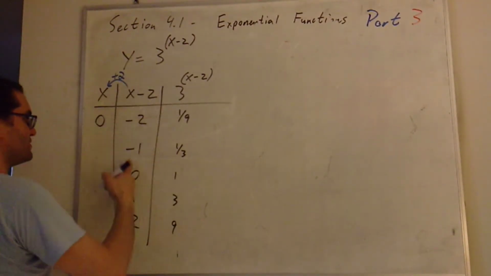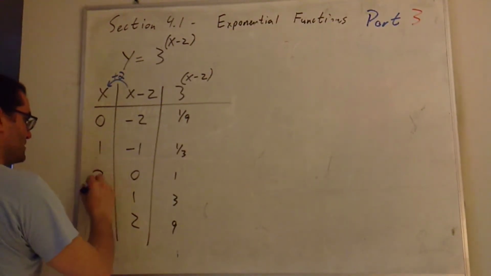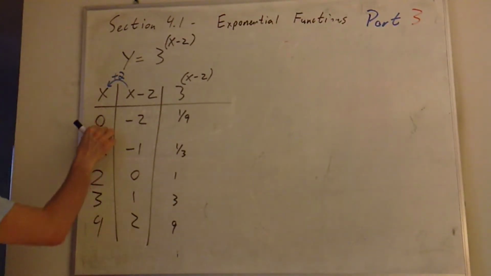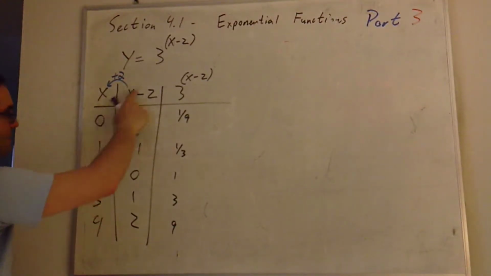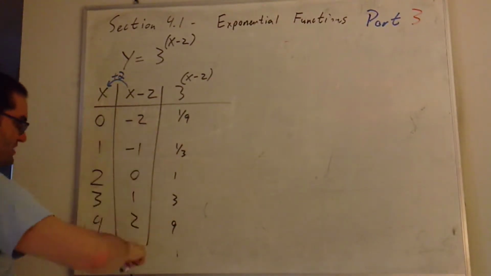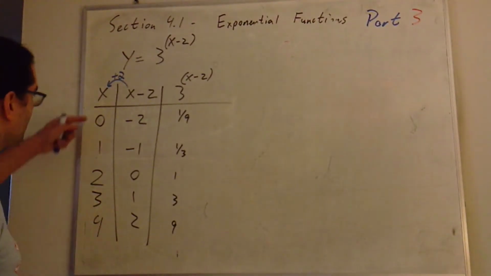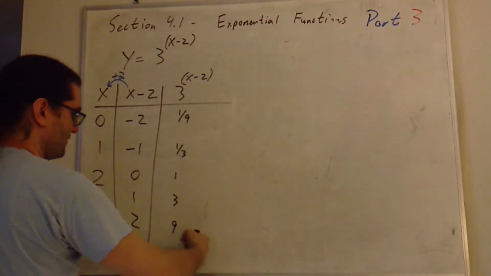If x minus 2 is negative 1, x was originally 1. This one was originally 2. This was 3. This was 4. These are the numbers x has to start as, so that after you subtract 2, you end up with a standard set of negative 2 through 2. So these are the x values that I'm going to pair with these y values.